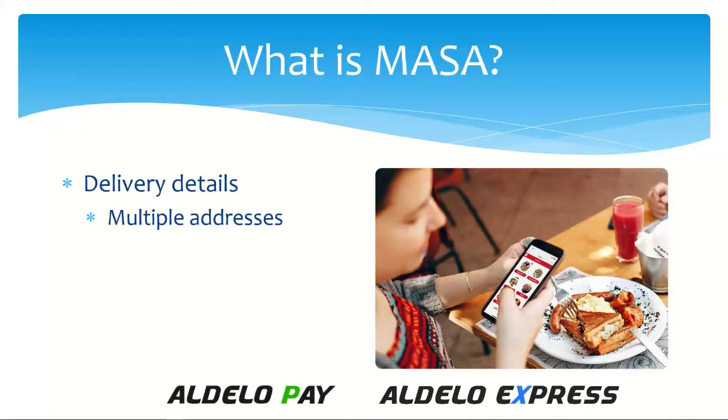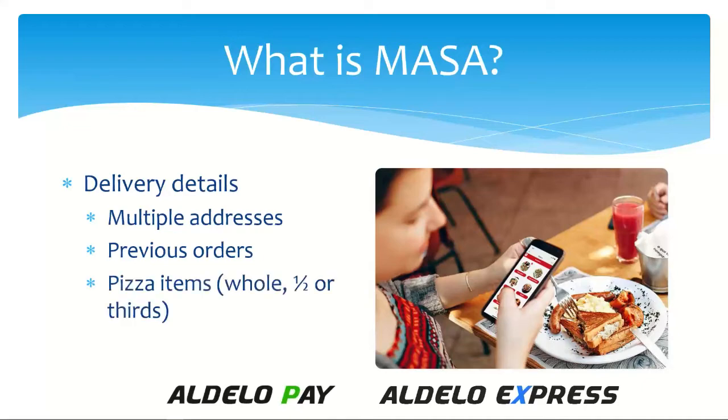All these different addresses are put into the MASA app, into your profile. It does recall previous orders, and it will do pizza items such as whole, half, or thirds. And you can also have delivery notes that you type in on the MASA app that are then taken and shown at the store.